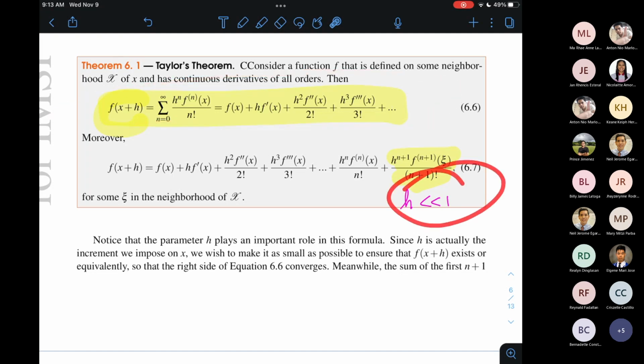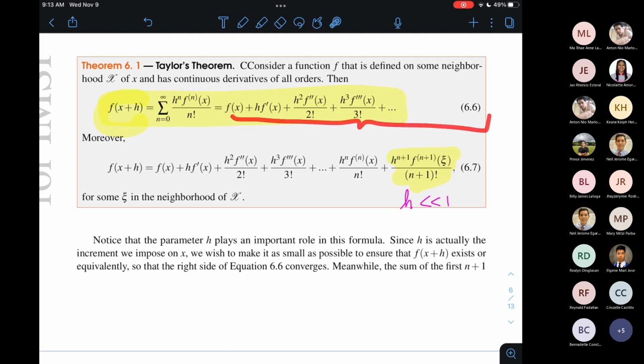So ang assumption natin dito, h is an infinitesimal number. So the increment between x and x plus h must be small. So assume natin si h ay isang maliit na positive number so that this error will vanish as n increases without bounds. Okay? Kasi yun yung idea. Dapat pag nag-consider ka ng napakaraming terms, dapat yung error ay lumiliit na lumiliit. And that will only happen if h is much less than 1. Actually, when h is less than 1, that would be enough.